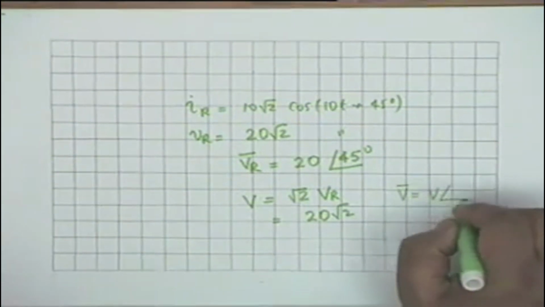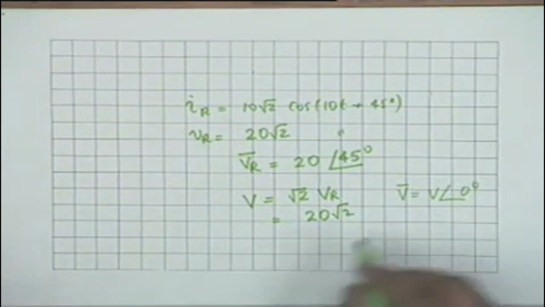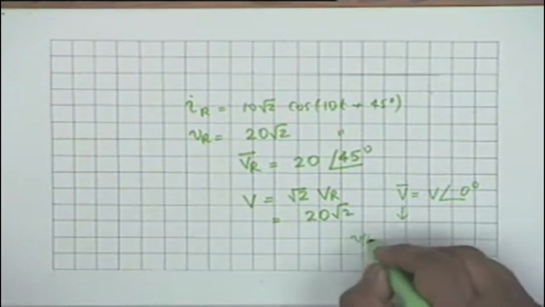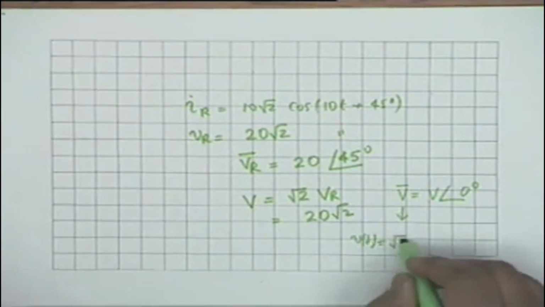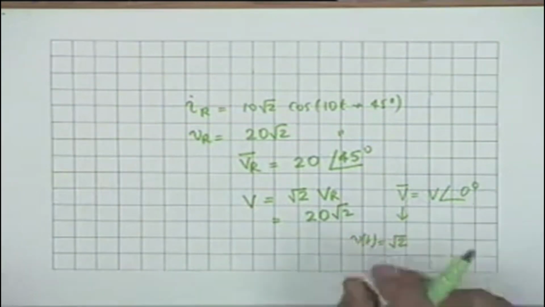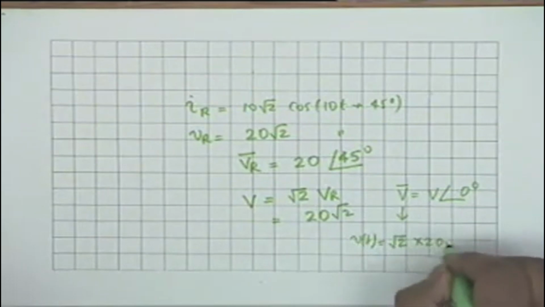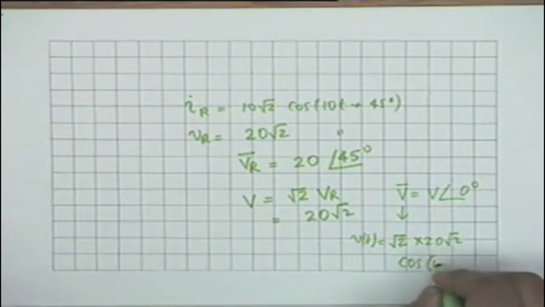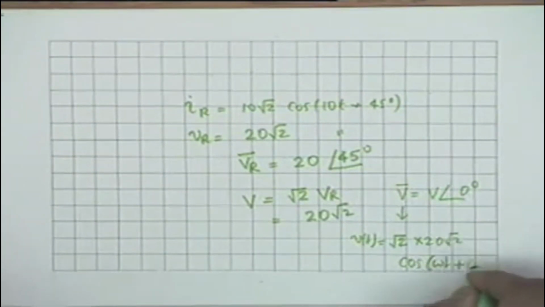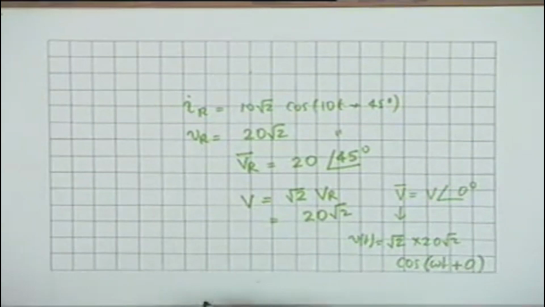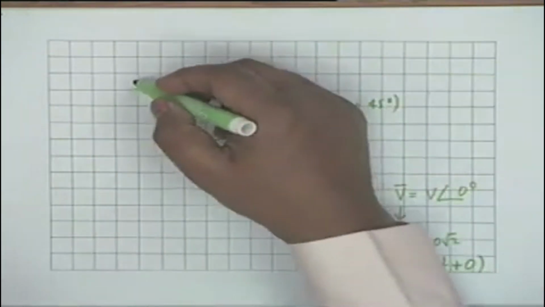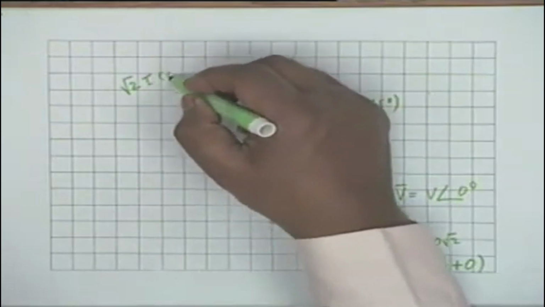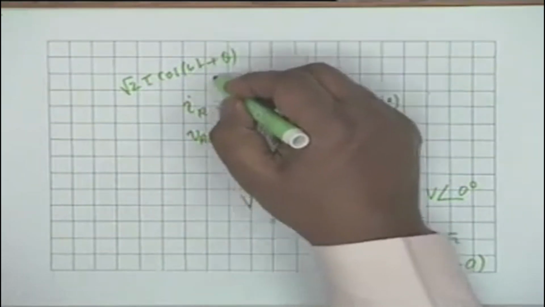Therefore, the corresponding vt must be root 2 times the magnitude, the RMS value, which is 20 root 2, multiplied by cosine of omega t plus whatever the angle is, 0. Is that clear? You recall that root 2 I cosine omega t plus theta corresponds to a phasor which is I angle theta.